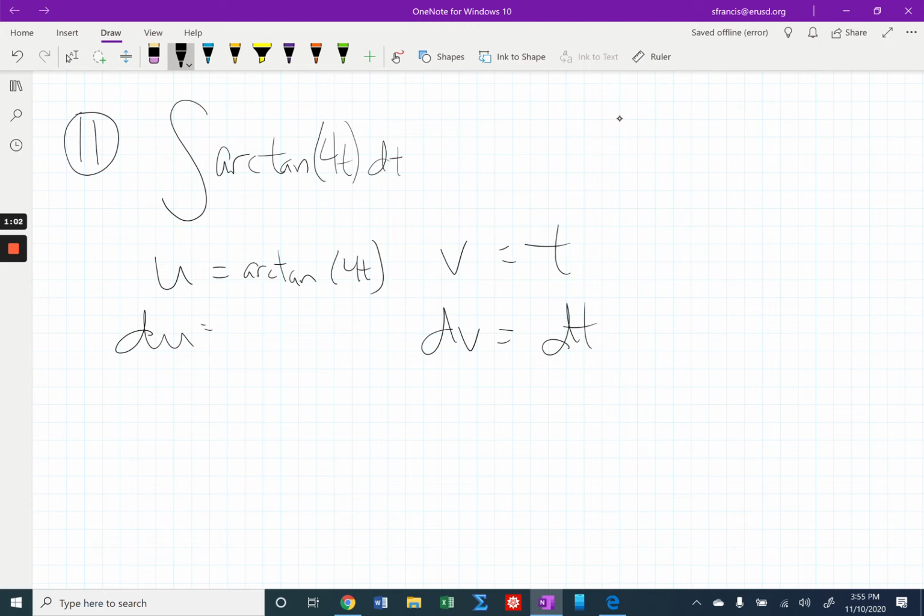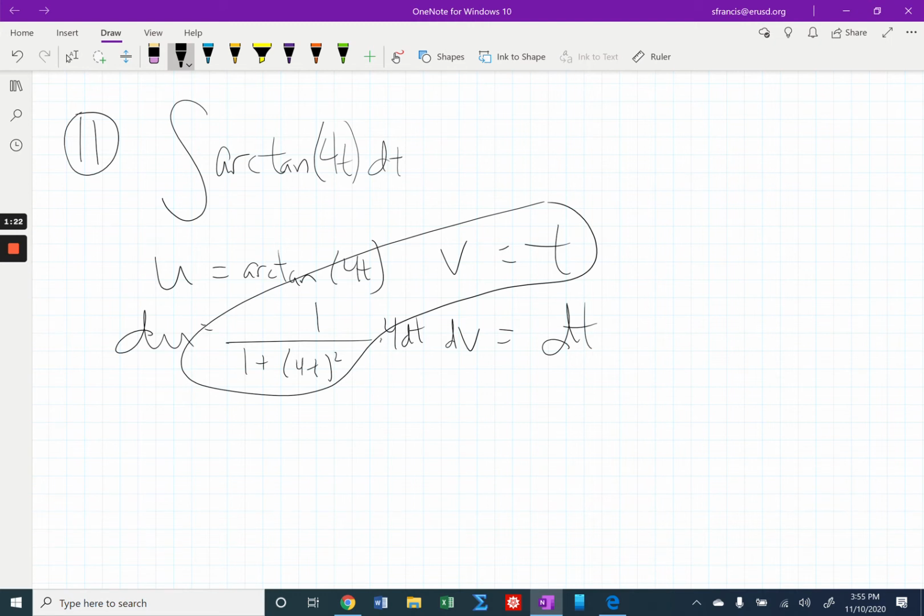When you take the derivative, you'll get 1 over 1 plus 4t quantity squared, times 4 dt over here. And then when you put it back together, you have your integral part from t times this. Just do another substitution.